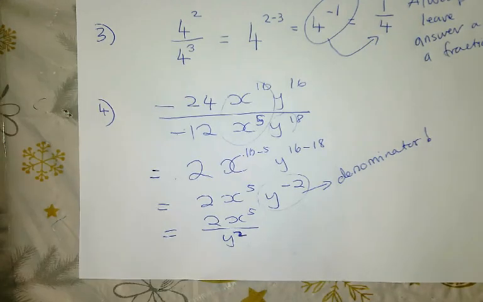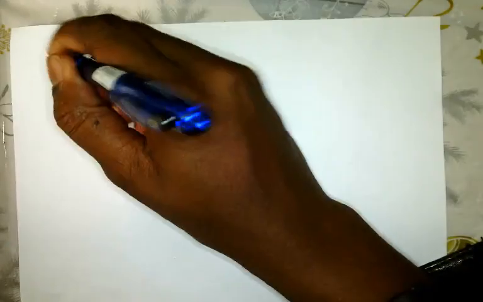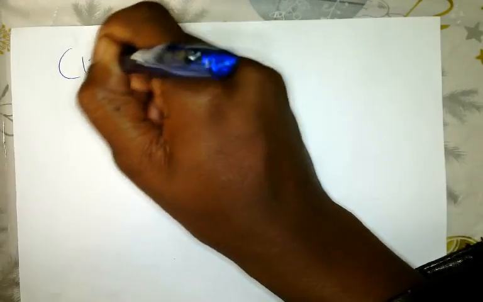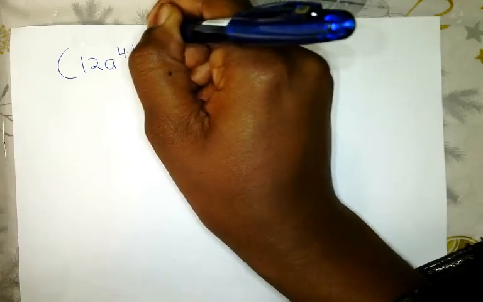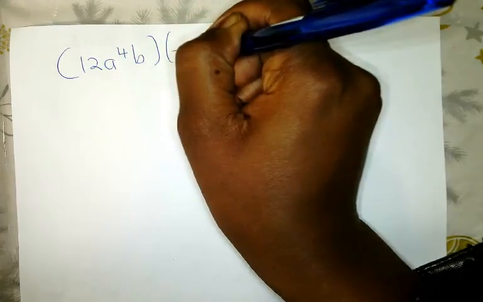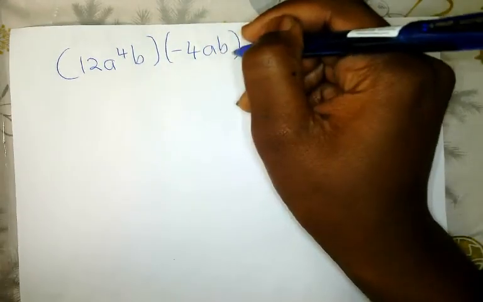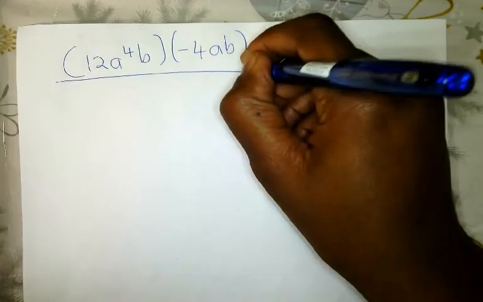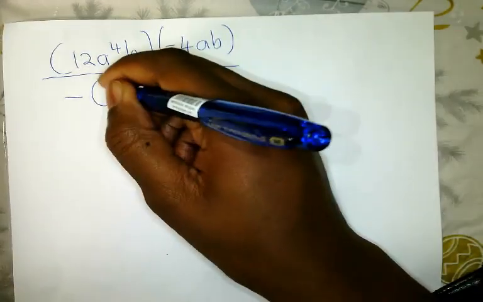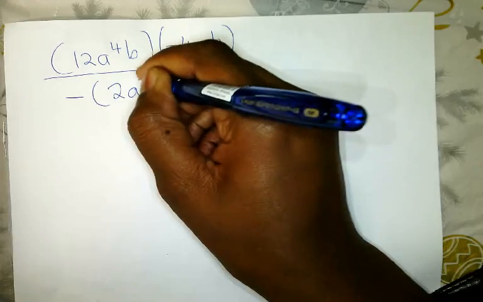Okay, let's do one more question before we go to scientific notation. So negative 12 a to the power of 4 b, negative that, and then over negative 2 a cubed b to the power of 4, and everything raised to the power of 4.